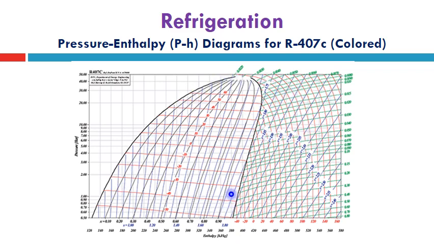The constant S lines are shown here in blue, the constant specific volume lines are shown in green, and the constant temperature lines in the superheating region are shown in red, and its values are listed here. The values of enthalpy are listed here in kilojoule per kilogram in this line, and the pressure values in bar in this vertical direction.